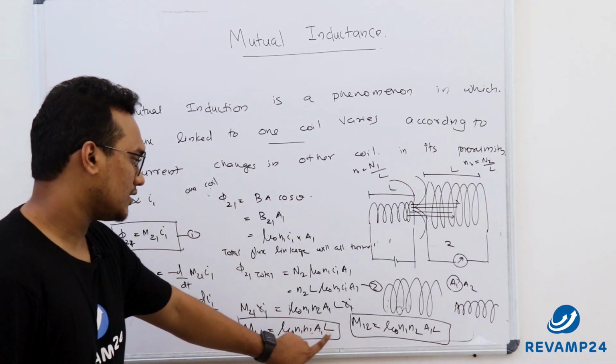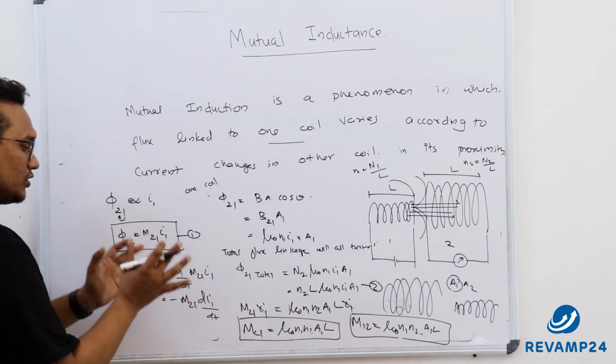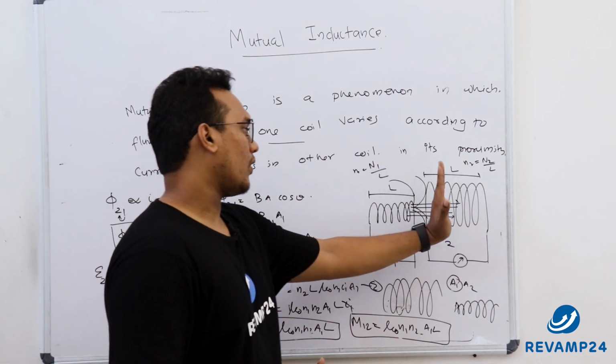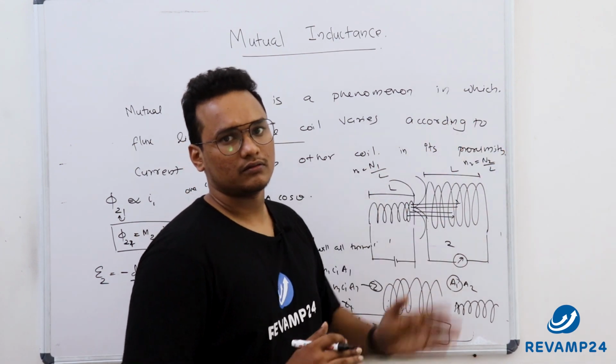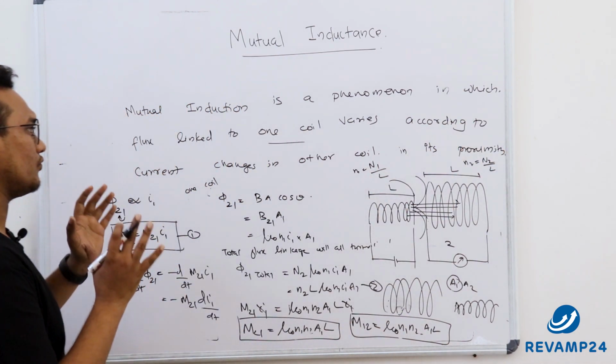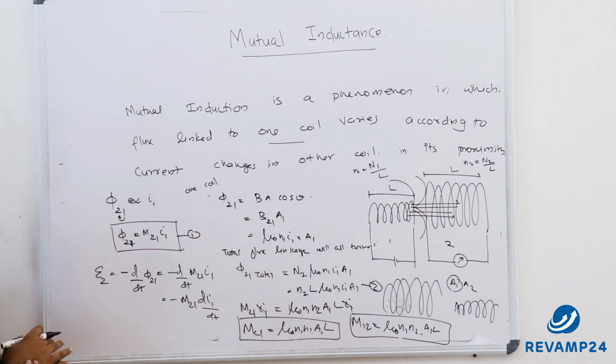Instead of n1, n2, this will become n2, n1, but n1 n2 is equal to n2 n1. So mutual inductance of one due to another coil is equal to the opposite of this. Okay, this is very, very, very important. Learn the derivation. This is asked multiple times.